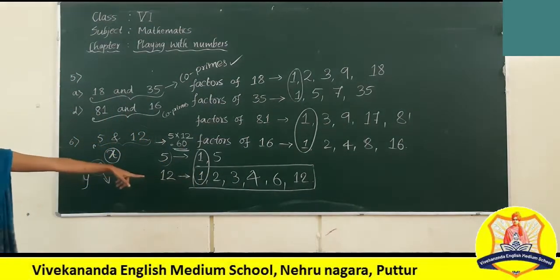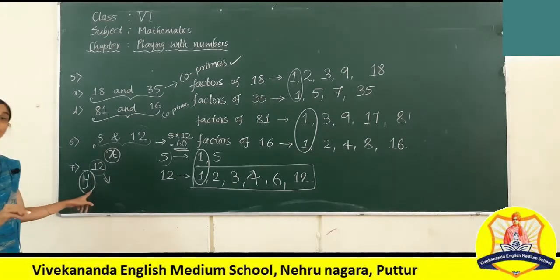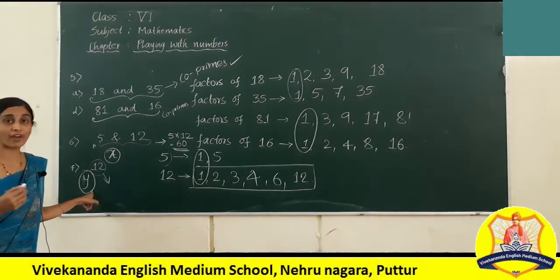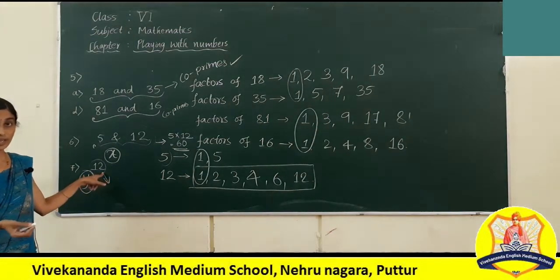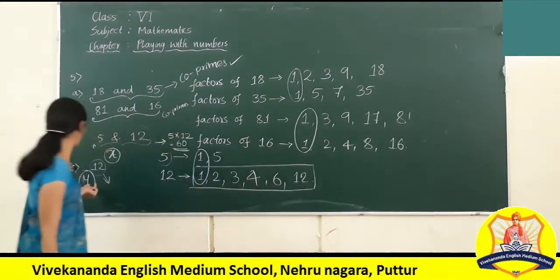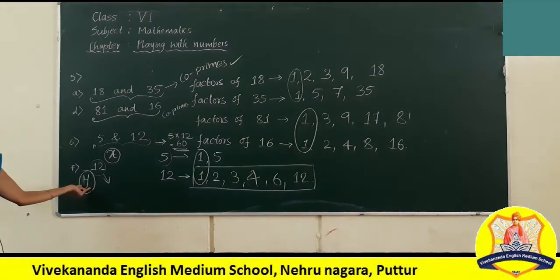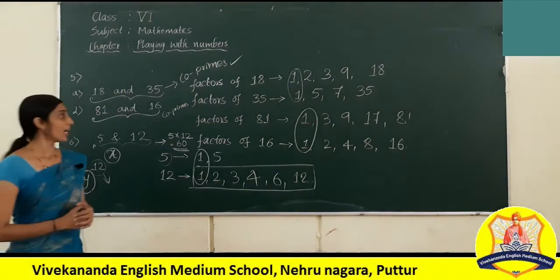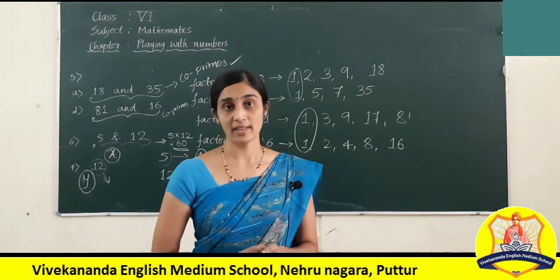Factors of 12. So y is also divisible by the factors of the other number. So 1, 2, 3, 4, 6, 12 can also divide this y. Understood? Okay. Now let us see the next topic, prime factorization.